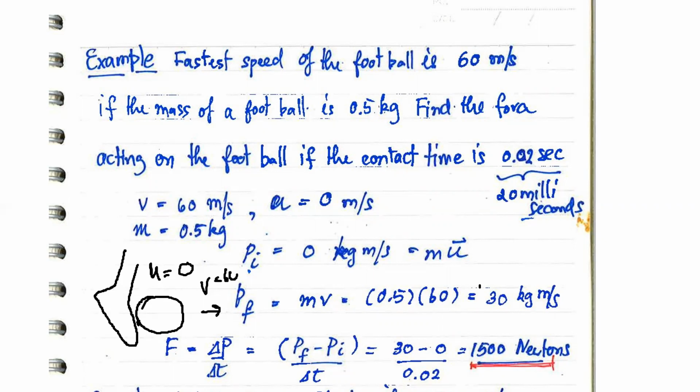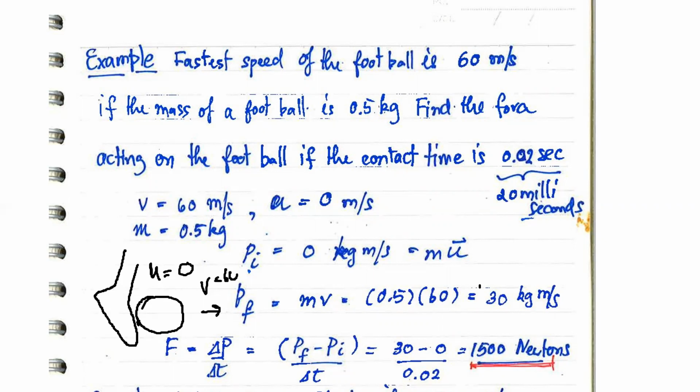So if he shoots at 60 meters per second, that means the ball is traveling at almost 200 kilometers per hour. But that's true according to research from Google.